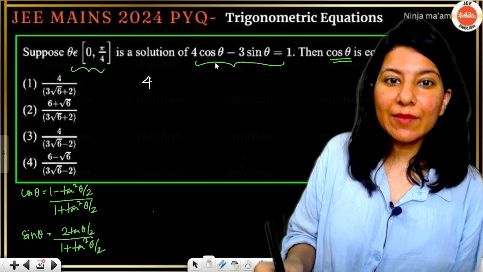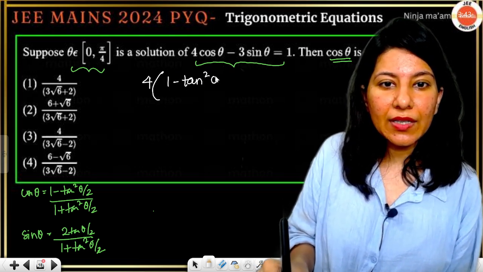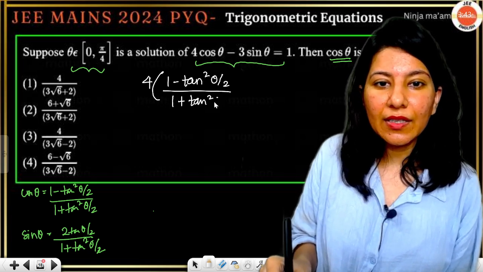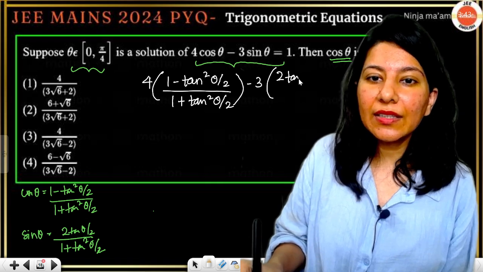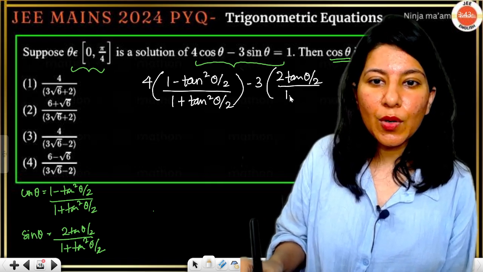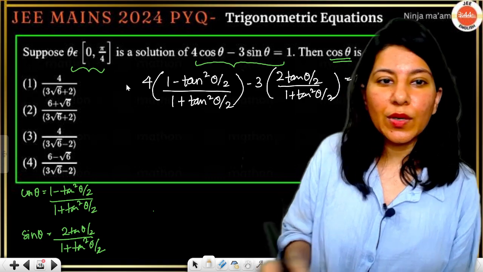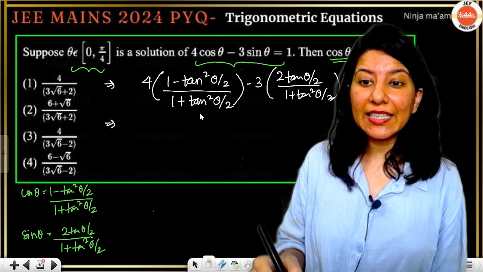So 4 times cos theta, this is going to be (1 minus tan square theta by 2) whole upon (1 plus tan square theta by 2), minus 3 times 2 tan theta by 2 whole upon (1 plus tan square theta by 2) is equal to 1.